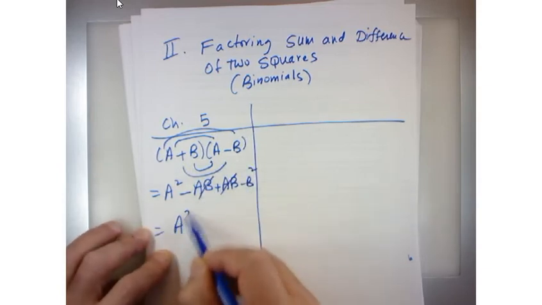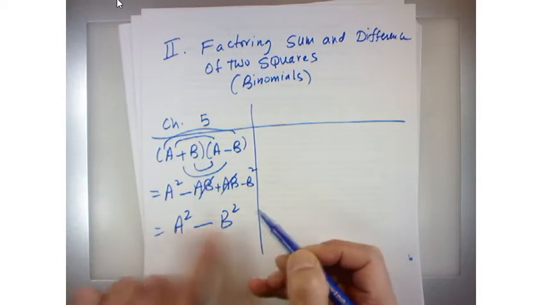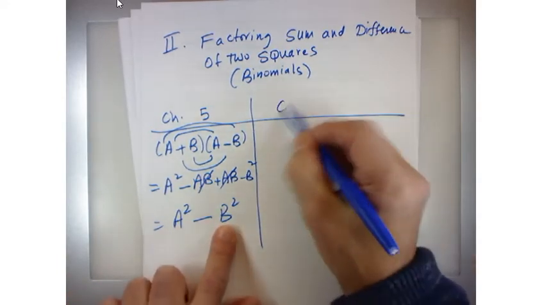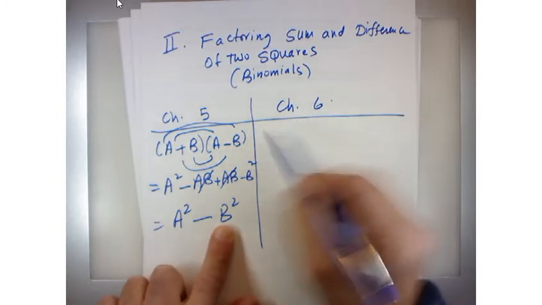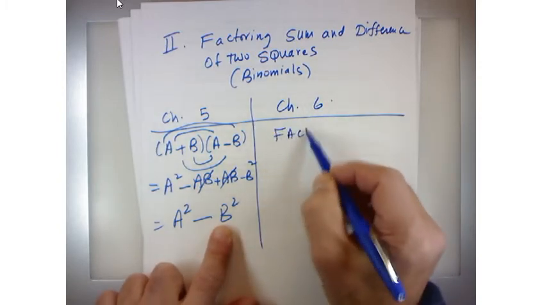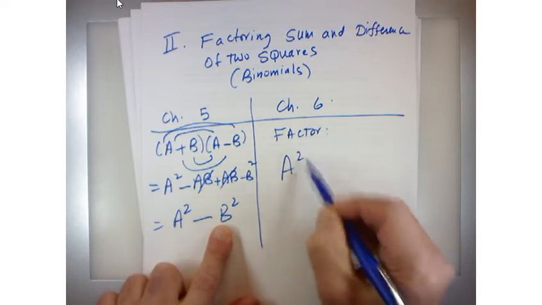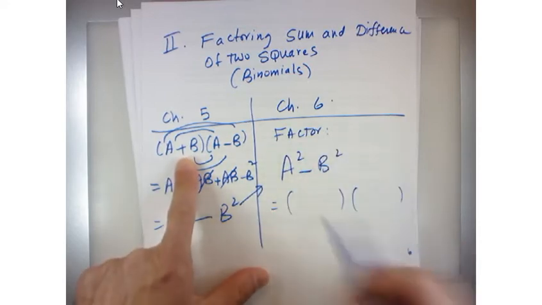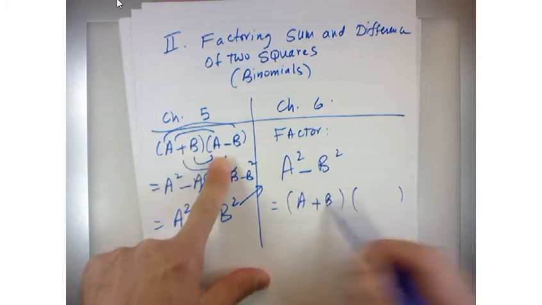And this is what we call difference of two squares. Obviously, difference for minus and a squared and b squared. So in chapter 6, we're going to reverse that. So how do we factor the difference of two squares? A squared minus b squared. It's going to be, again, it's going to be a plus b, a minus b.